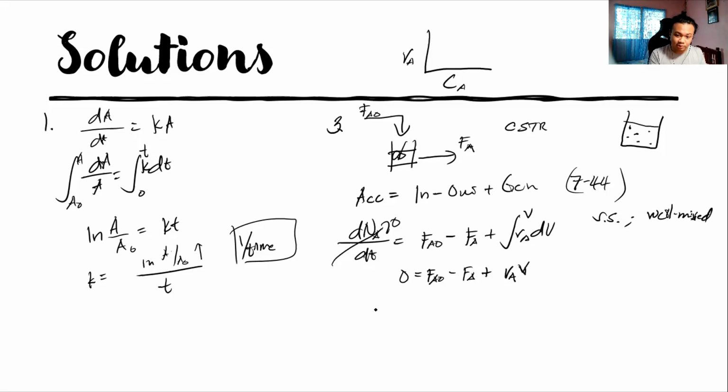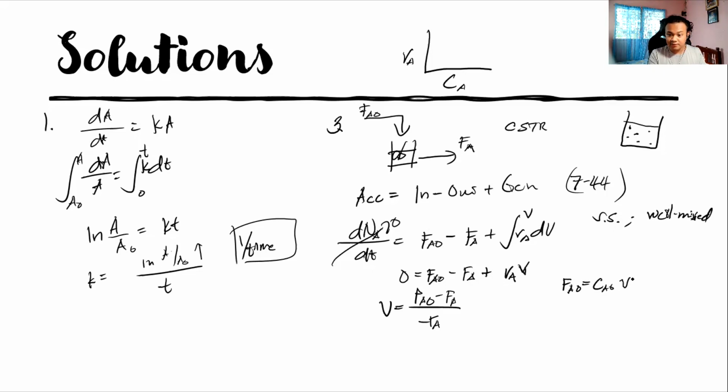So we have to somehow transform this to a form that we are familiar with. So FA0 minus FA over RA. But we know that molar flow rate is actually equal to the concentration times the volumetric flow rate.